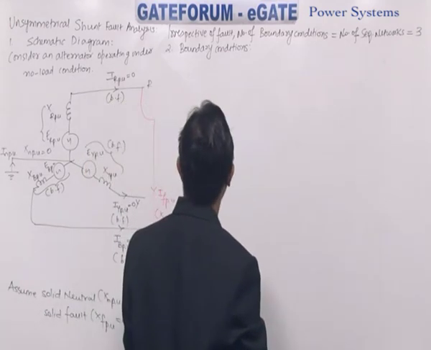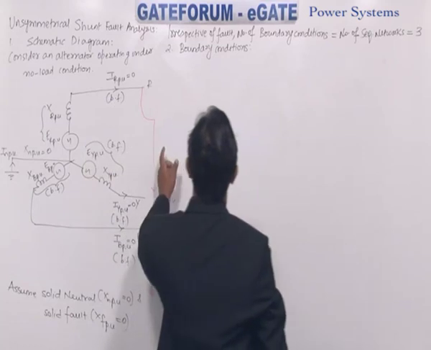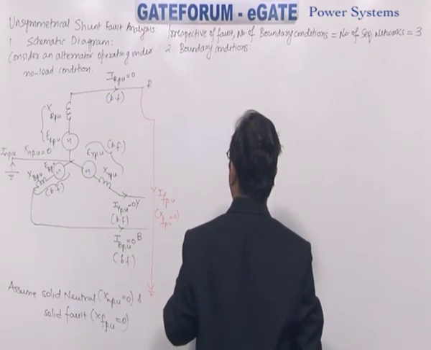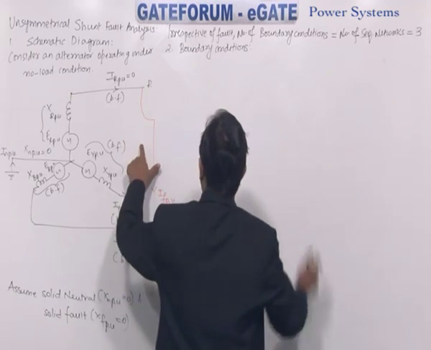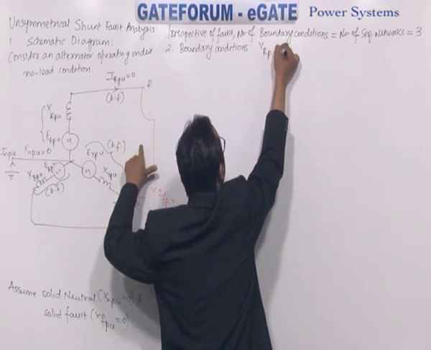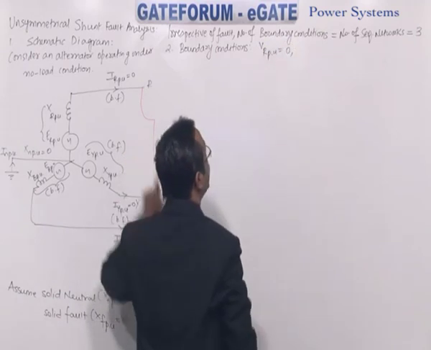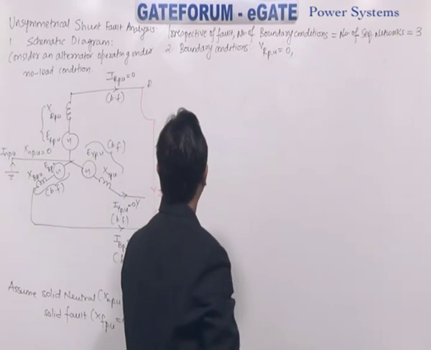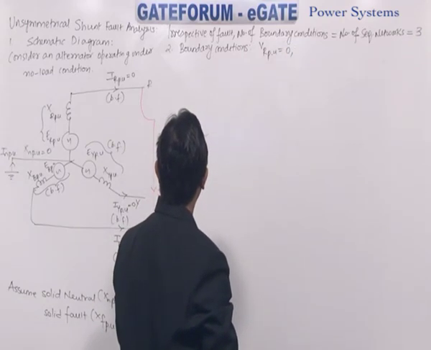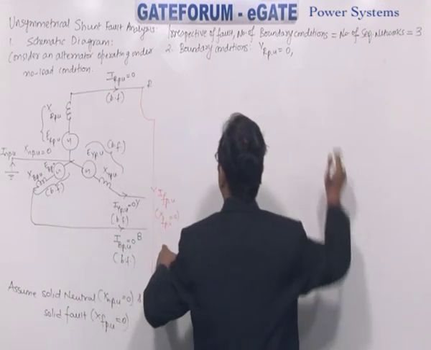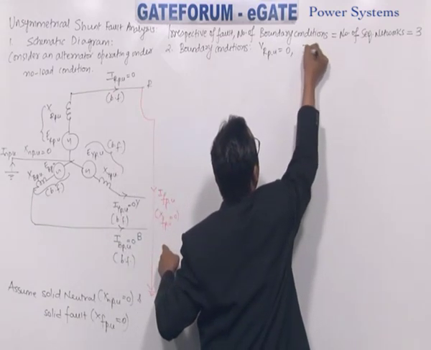So what is the first boundary condition? This is for voltage. So the fault is involved with R phase. For the fault involved phase, what is the voltage? VR per unit is 0. And what about the fault current now?